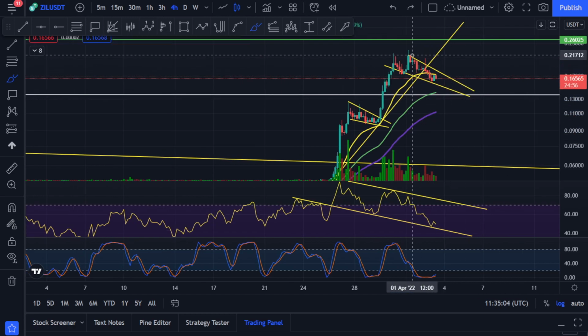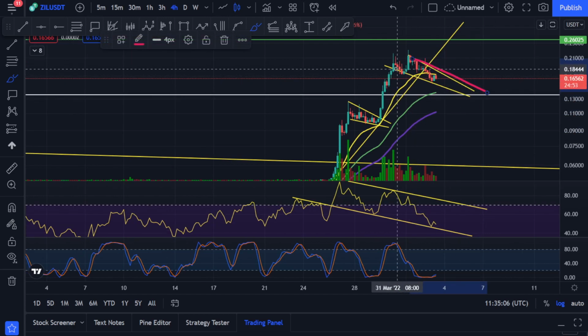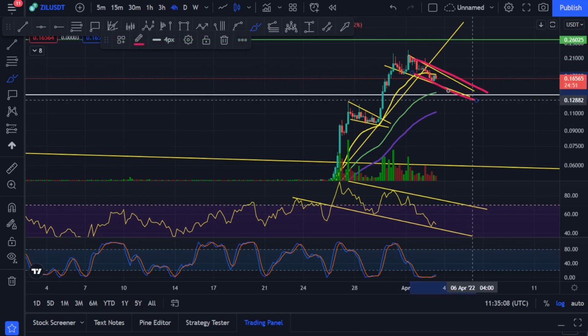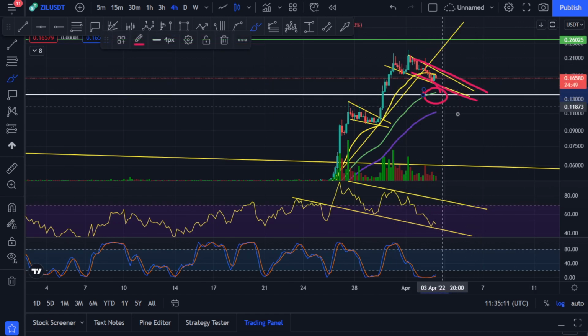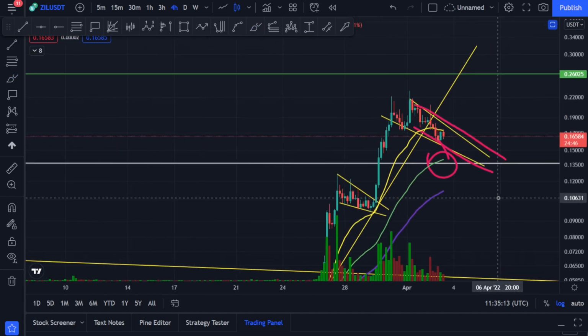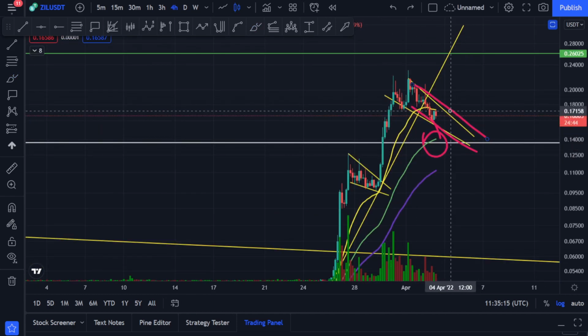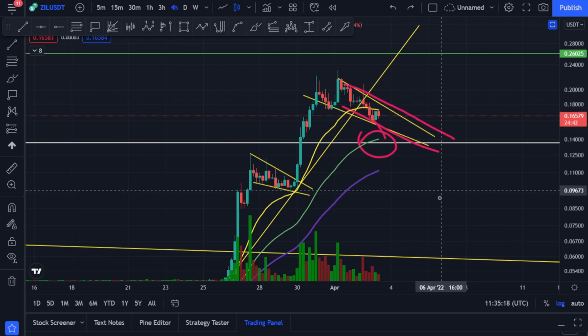But I believe it is going to fall down in this wedge formation. If it breaks the support, it will come and test the 55 moving average. Keep this in your mind. If it plays in this wedge, then you should know accordingly where the resistance and the support areas are.